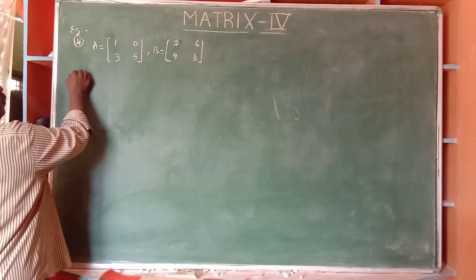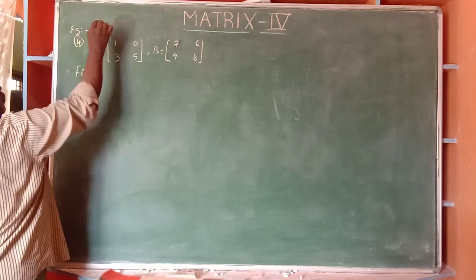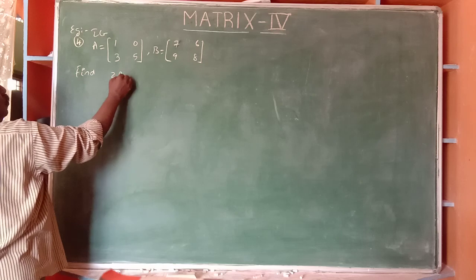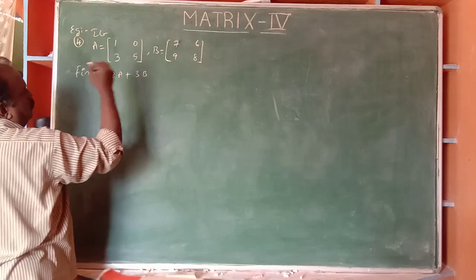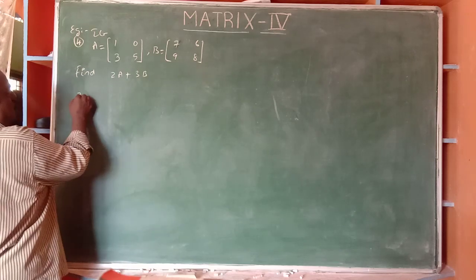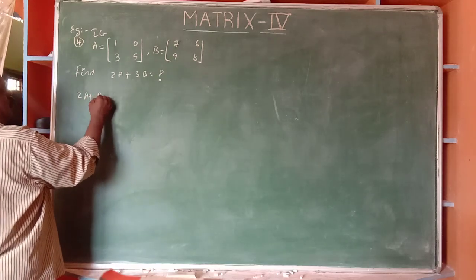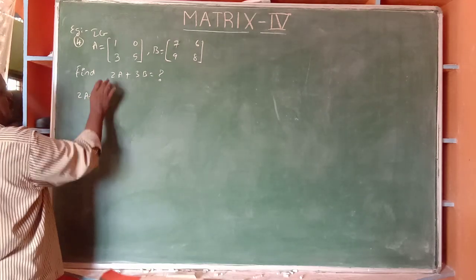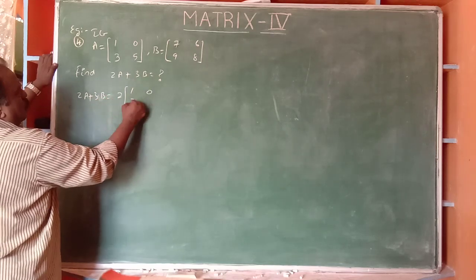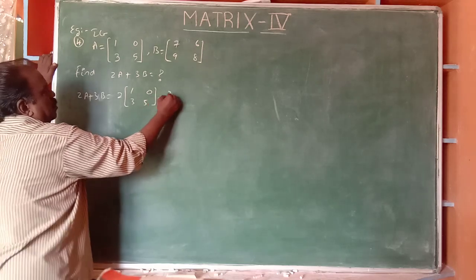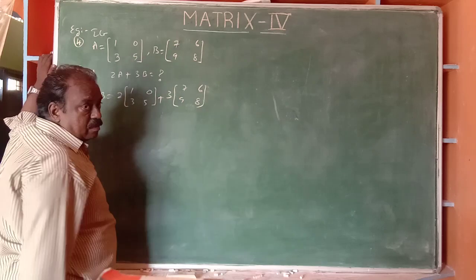Now find 2A plus 3B. 2A plus 3B is nothing but 2 into A, 1, 0, 3, 5, plus 3 into 7, 6, 9, 8. Okay now?